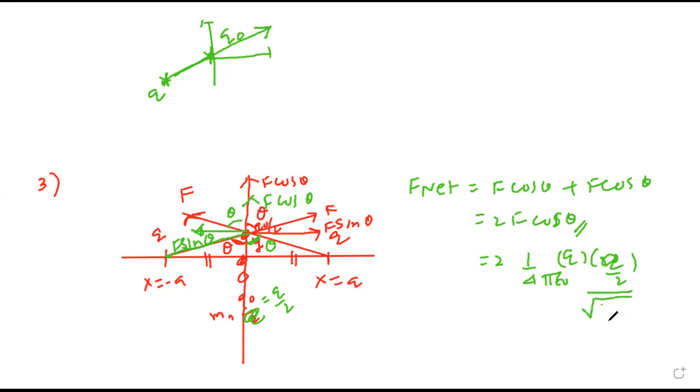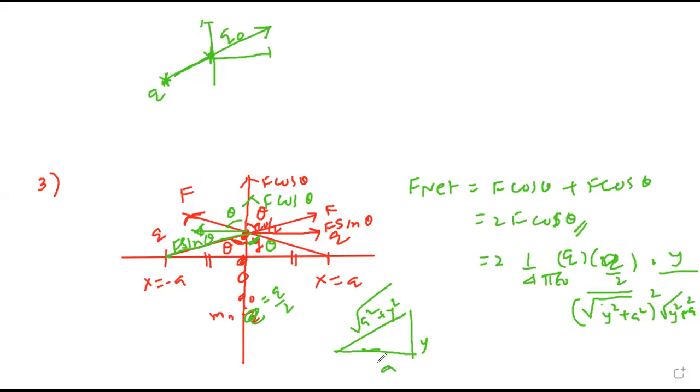By Pythagoras theorem, this is a, this is y, then this will be root of a square plus y square. Now cos theta: it is adjacent side, that is y, upon hypotenuse, which is root of y square plus a square.